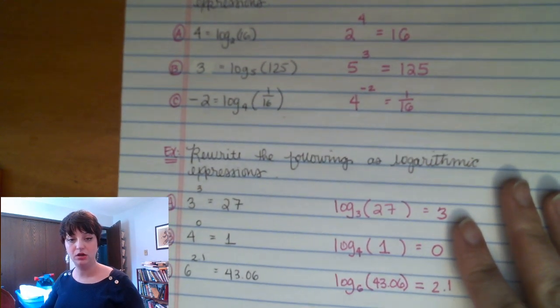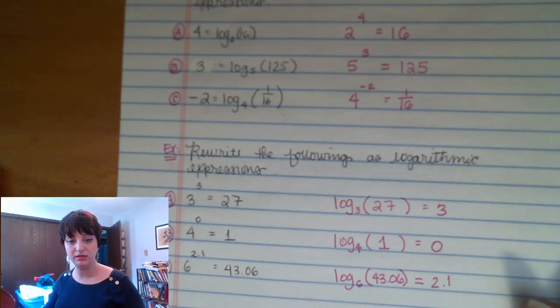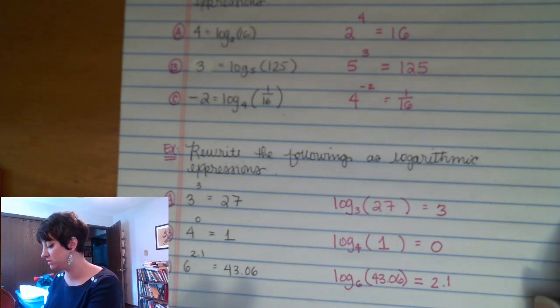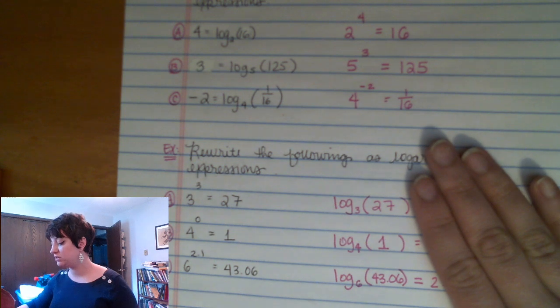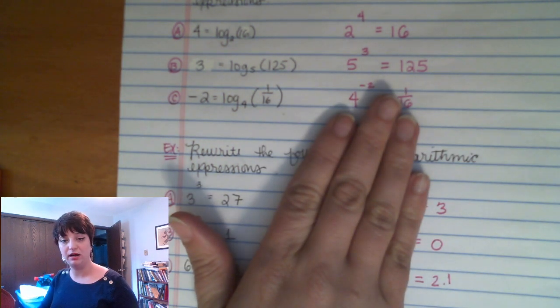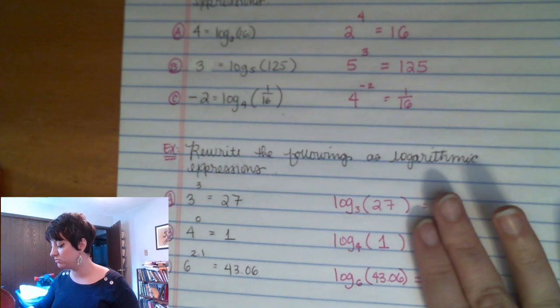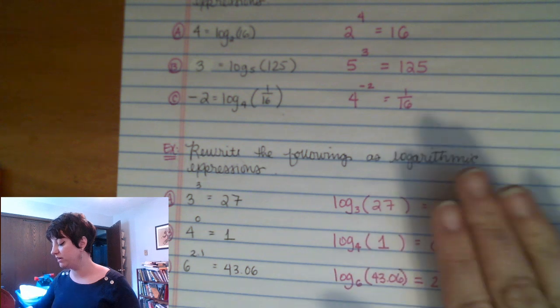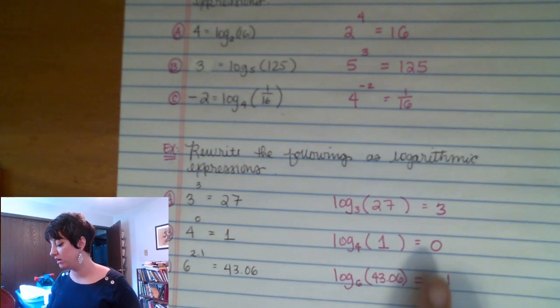All right. Logarithms are just different ways to write numbers. They're different ways to encode information about exponents. If I want to raise 3 to a power and get 27, I need the third power. If I need to raise 4 to a power to get 1, I use 0.